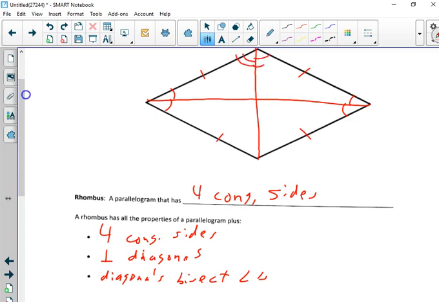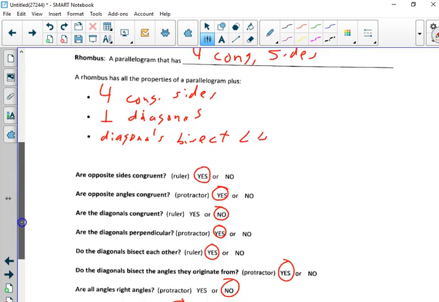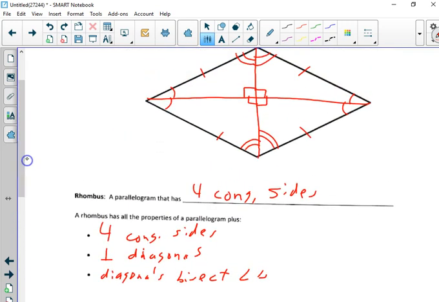This one is split into 2 equal parts. We have right angles where they cross. That's a rhombus. Oh, I forgot to say, mark those are bisected.